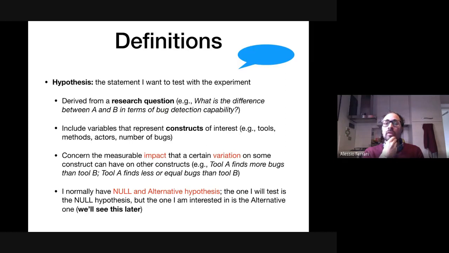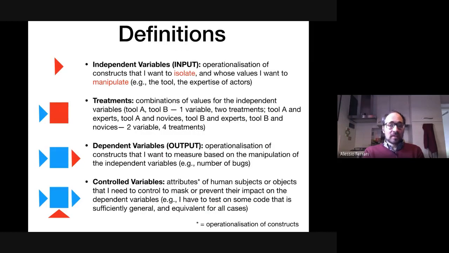When you do hypothesis testing, you're actually testing a null hypothesis that is telling you the exact opposite of what you want to show, but it will become a little clearer later on. At the moment you just take it as an assumption. Okay, so more definitions.